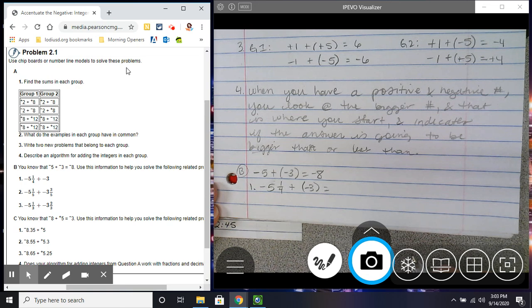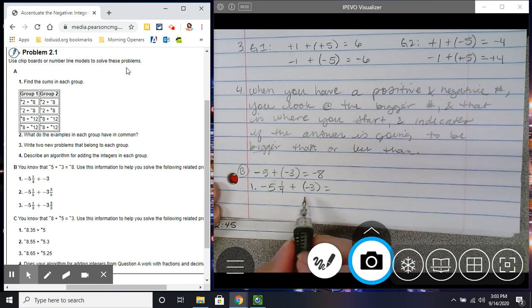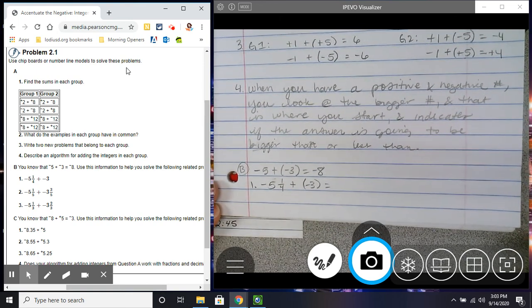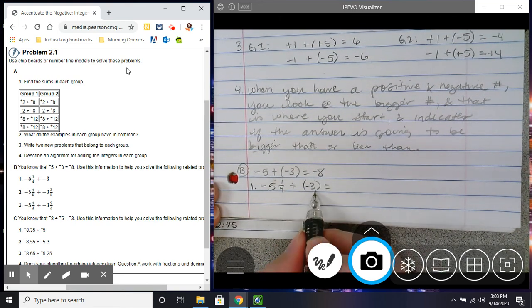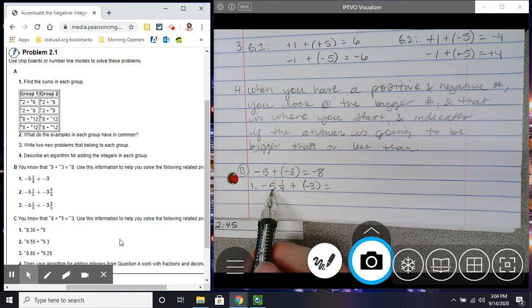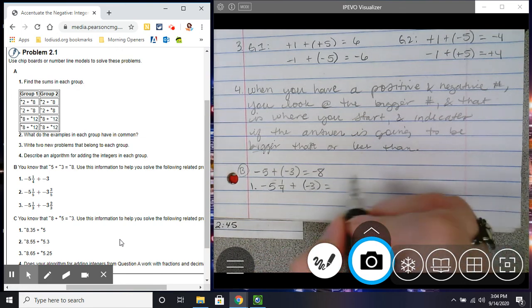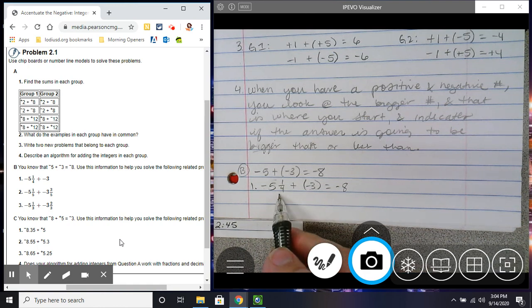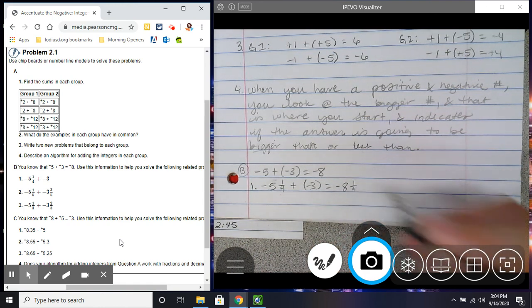So you have to pay attention here to your whole numbers and then kind of tack on your mixed number at the end, because this one doesn't have a mixed number. -5 plus -3 would be -8 right here. See that? And then we're just going to tack on the 1/4 right there.